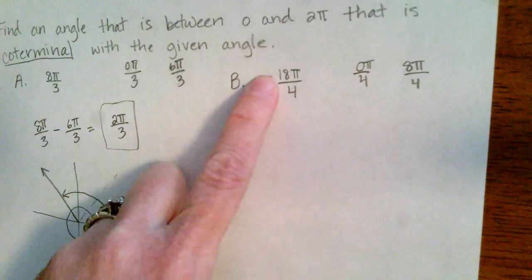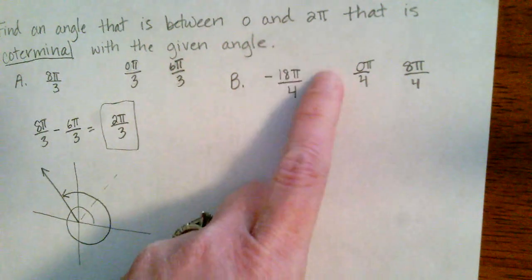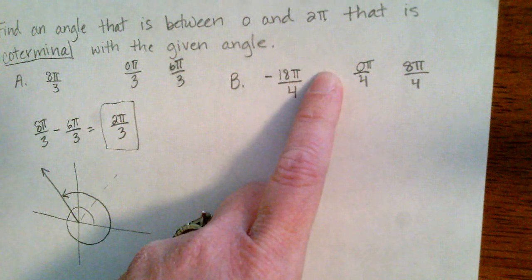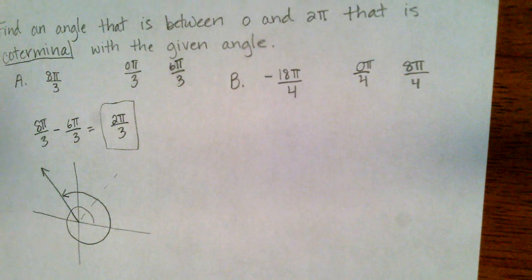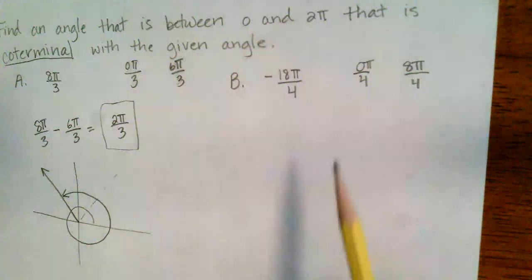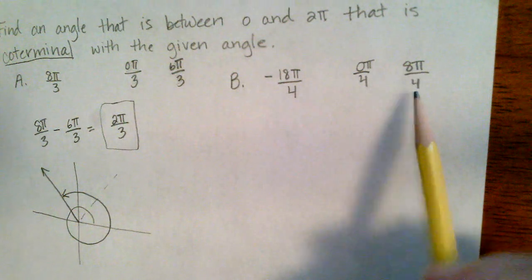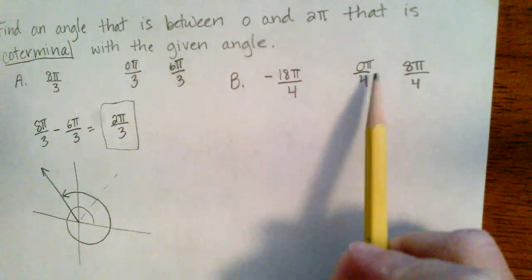So if I think about negative 18 pi over 4, it's very far left of... Sorry, I was interrupted, so I'm hoping that this isn't too blurry and that I make sense. So you are looking for this to be between 0 pi and 8 pi over 4. You can see on the number line, negative would be to the left of this.